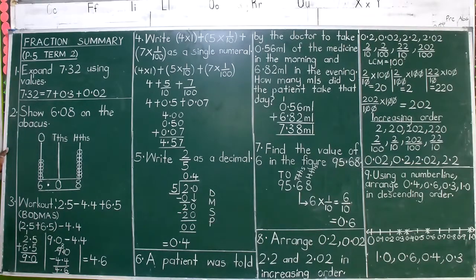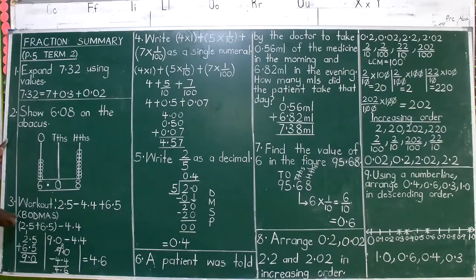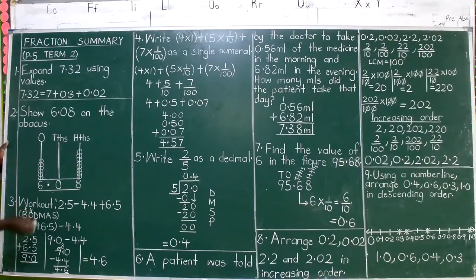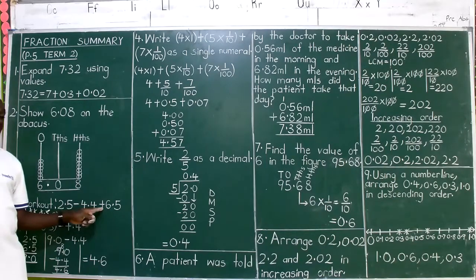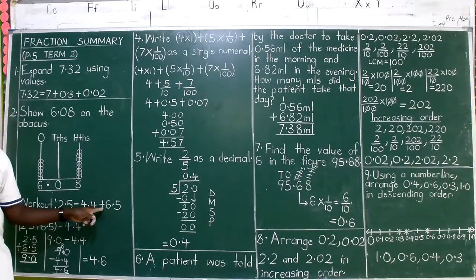Now, you start identifying. B means brackets, we don't have brackets. Of, we don't have of. Division, we don't have division. Multiplication, we don't have multiplication, but we have addition. Ask yourself what is to be added. What bears a plus sign of addition is the one you add.